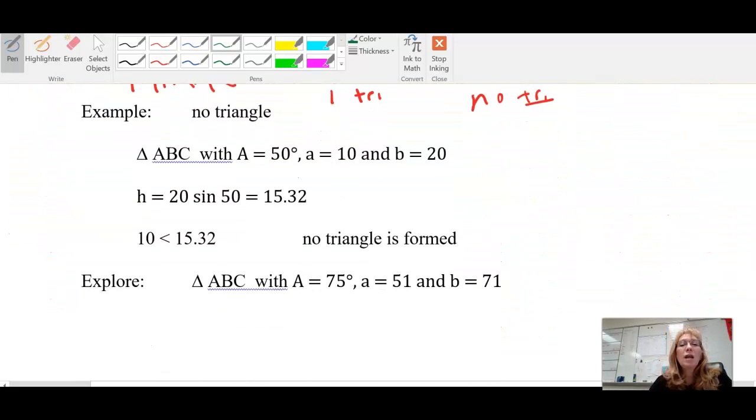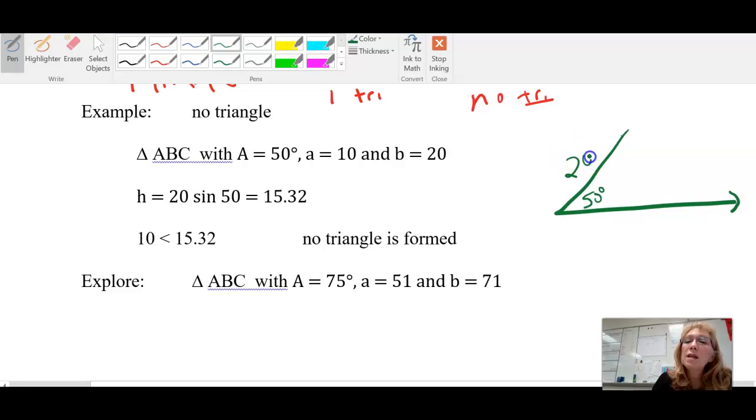All right, so now let's look at a no-triangle one. Here's our triangle. You draw it in, and this side goes on forever. We do not know how long it is. We put in 50 degrees right here. We're given B is 20, because this is A. Now we have to compare A to everything else. Step one is to calculate the height, so I have to figure out how high this triangle is.